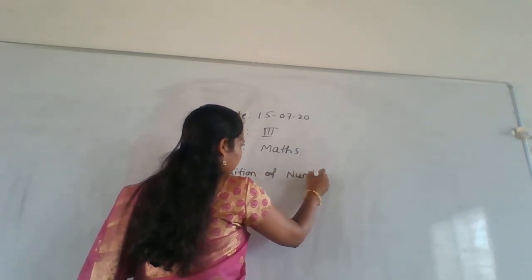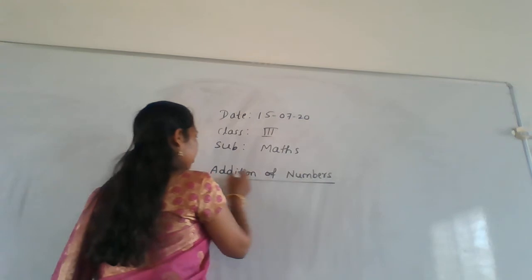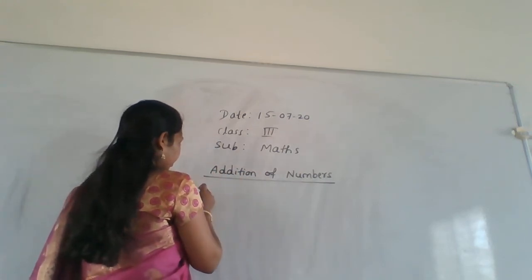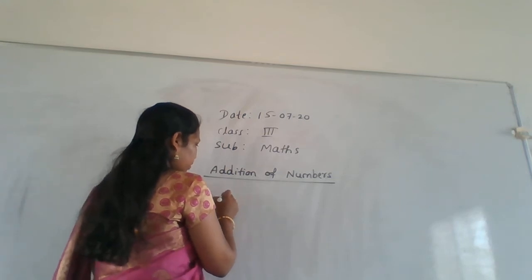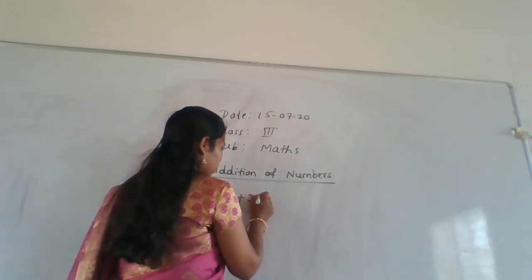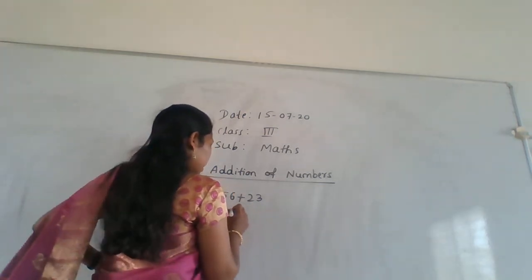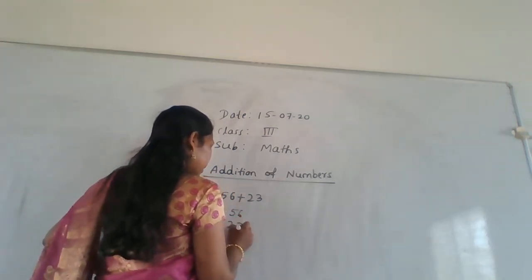Addition of numbers. First one is 56 plus 23.